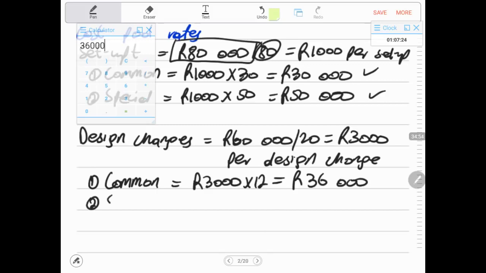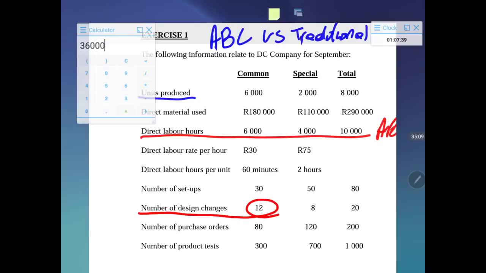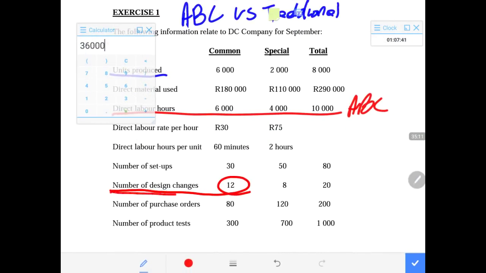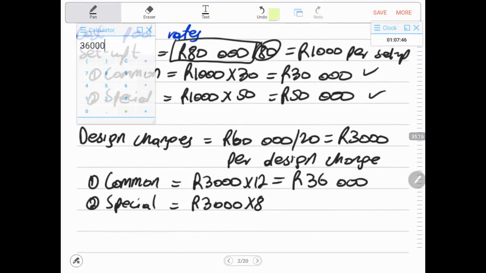Then we go to the second product, which is product special, and we still have the same rate. Our rate does not change. We multiply, obviously if we take 12 out of that 20, the remainder will be 8. And where is that 8 coming from? It is the number of design changes for product special that we multiply by the rate now. So 3,000 times 8 will be 24,000 rands.